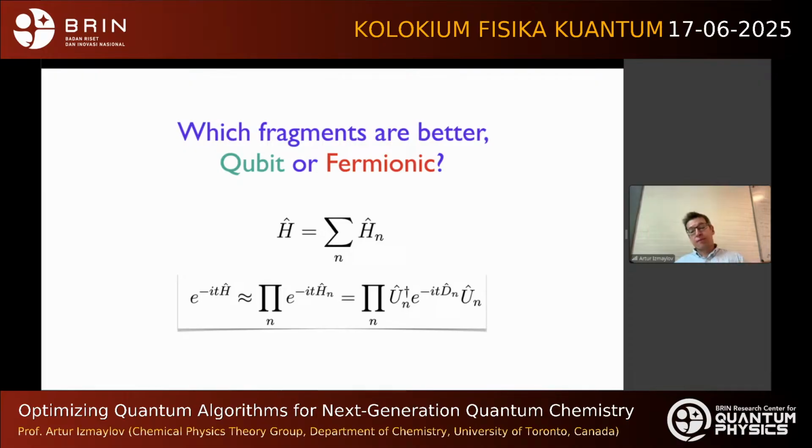The natural question one can ask is, which fragments are better, qubit or fermionic? And in what sense better? In the sense of, if we do fragmentation using one type, what sort of error does it introduce? Because as you could see, it's a Trotter approximation. It introduces an error when we switch from the exponential of the sum to the product of exponentials.